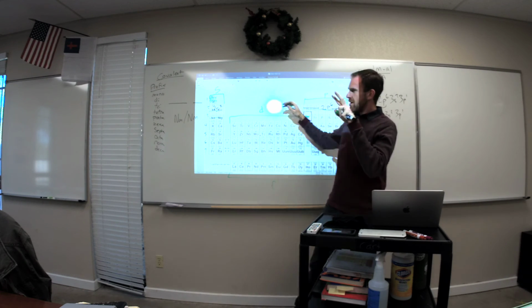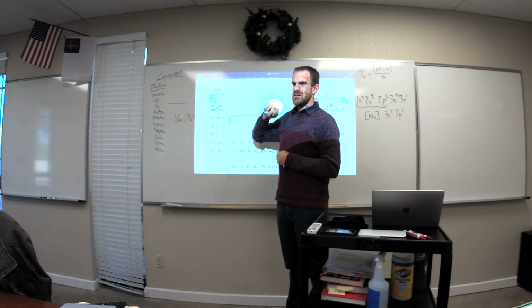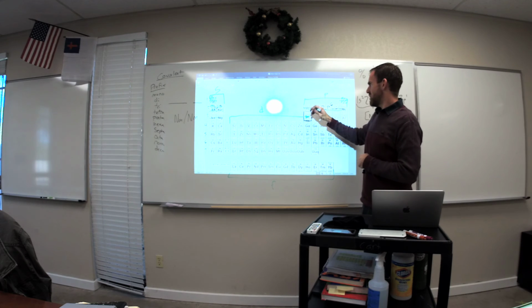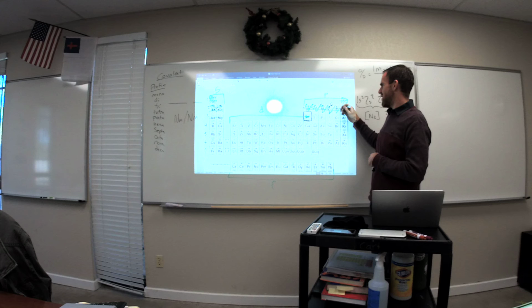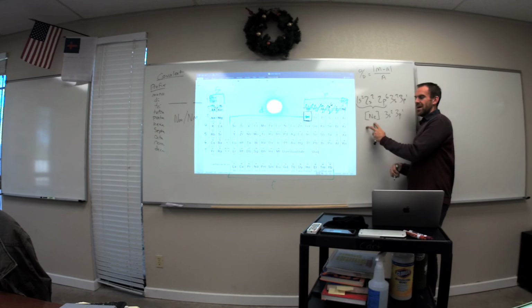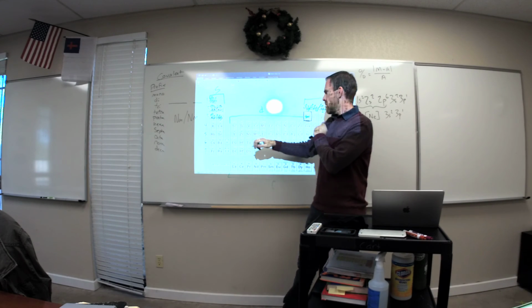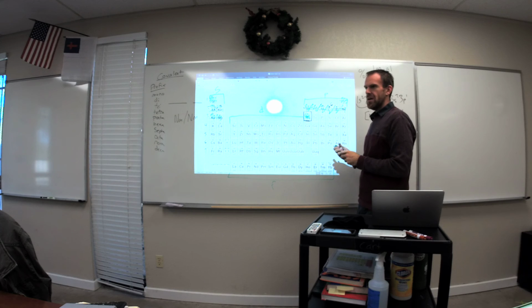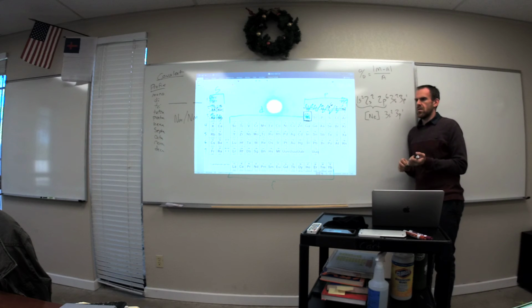Now here, this would be 2s1, 2s2. This would be 2p1, p2, p3, p4, p5, p6. That's how I got to neon. Then 3s2, 3p1.